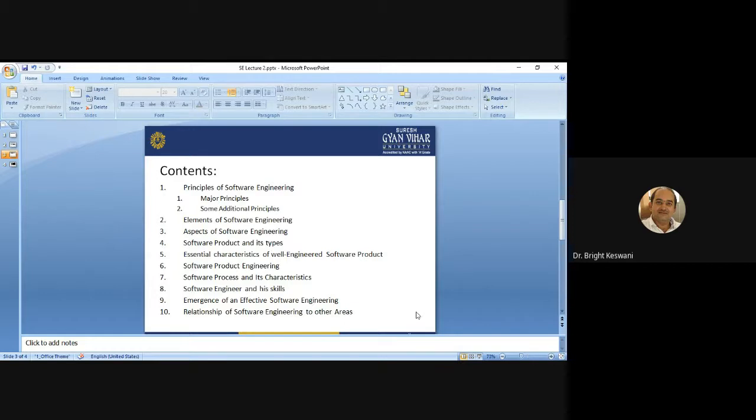As per the eighth principle, that is, minimize intellectual distance. As I said earlier, intellectual distance is the distance between the real world problem and the computerized solution to the problem.